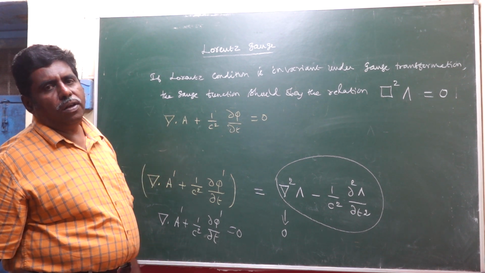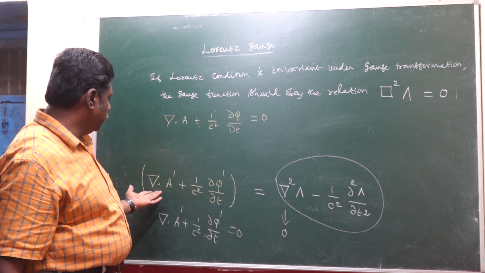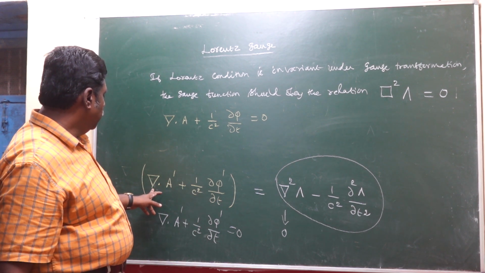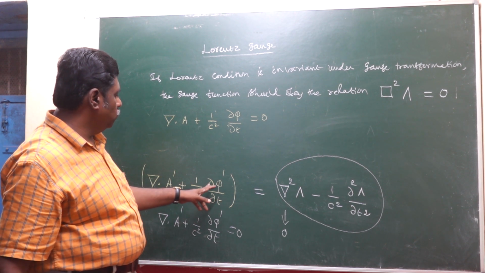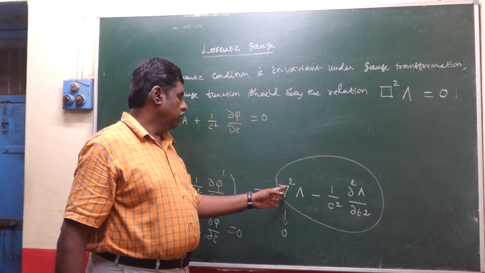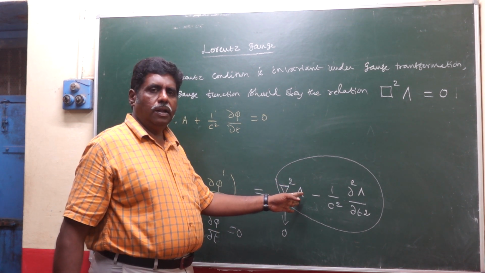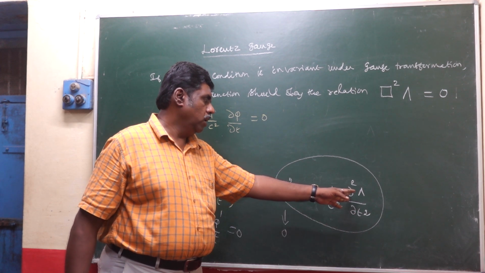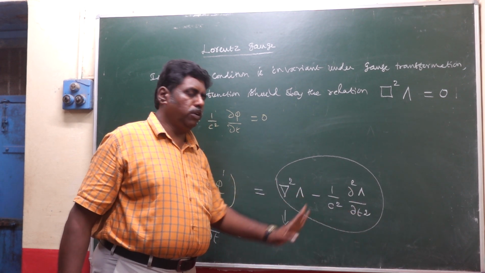If it is subjected to gauge transformation, we get on the left hand side del dot A dash plus 1 by c square dou phi dash by dou t, which is equal to del square of lambda minus 1 by c square dou square lambda by dou t square.